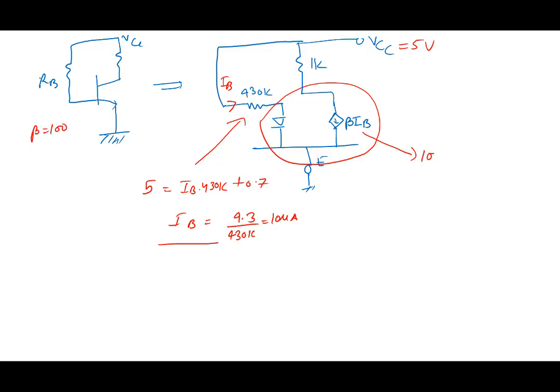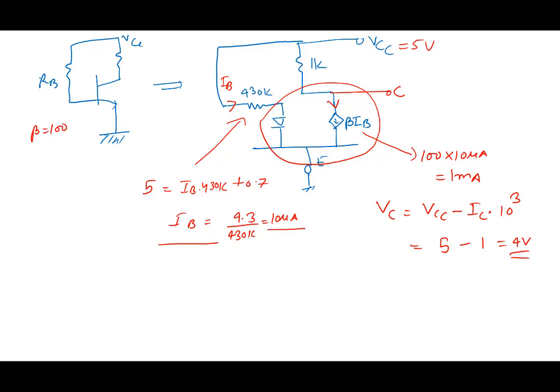Beta was 100, so 100 into 10 microamperes gives 1 milliampere. The collector voltage VC equals VCC minus IC times 10 to the power 3, which is 5 minus 1 equals 4 volt. So IB is 10 microamperes, IC is 1 milliampere, and VC is 4 volt.